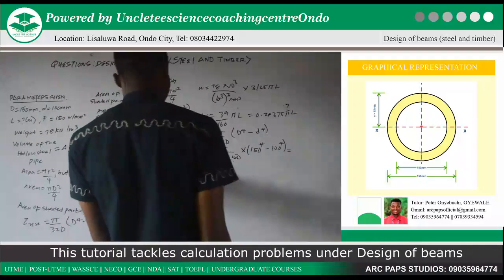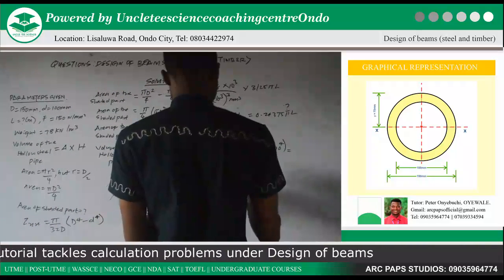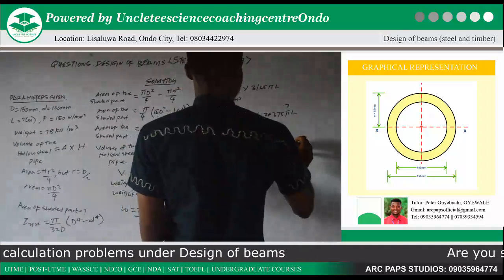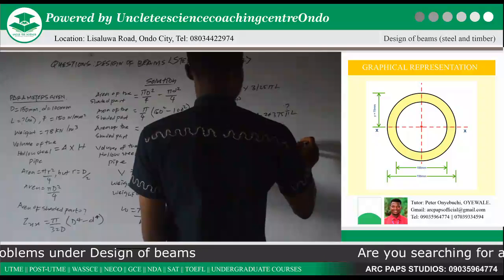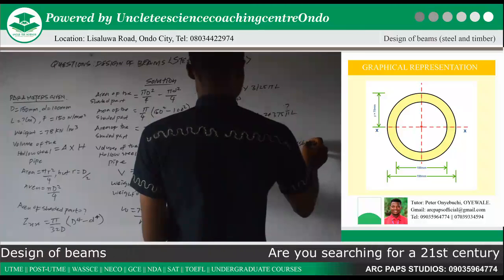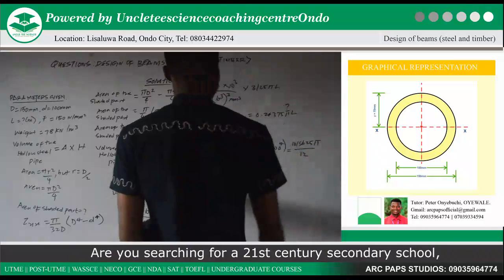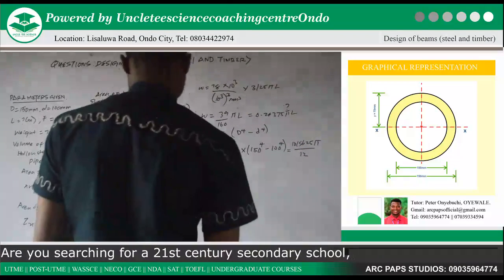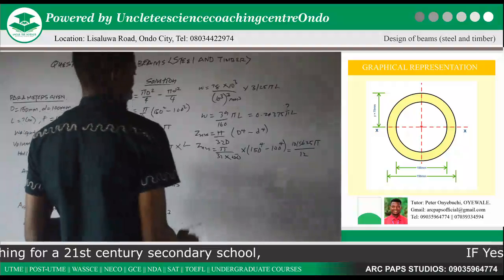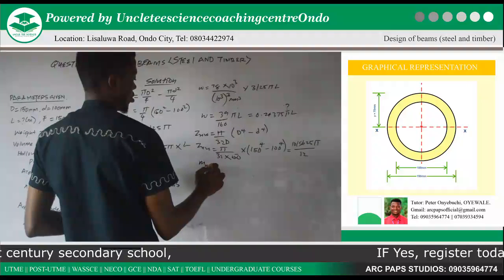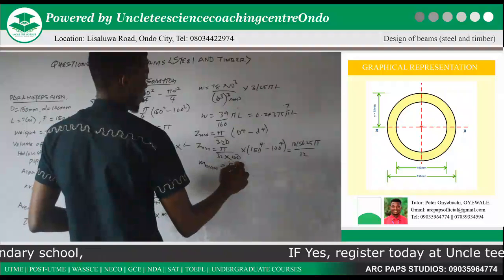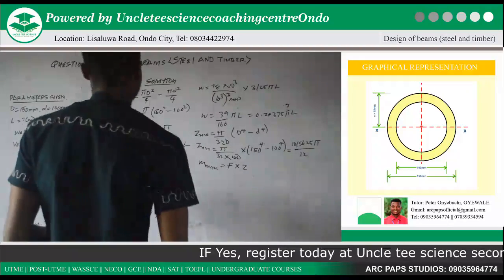Now using your calculator, we are going to get our Zxx in terms of pi to be 1015625 pi over 12.